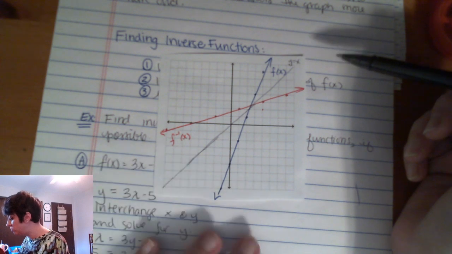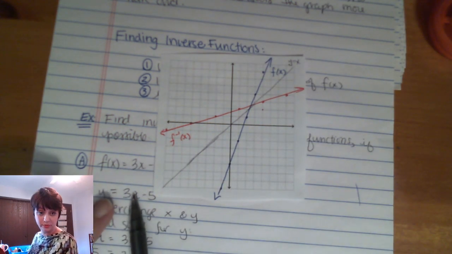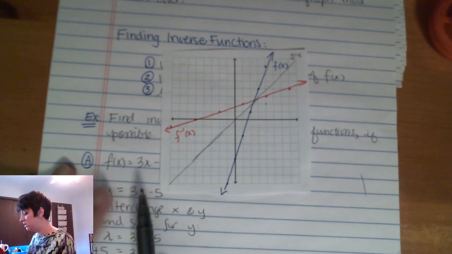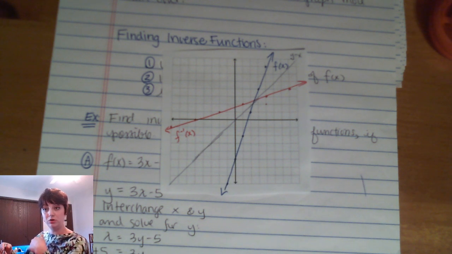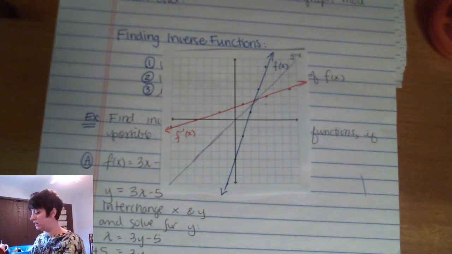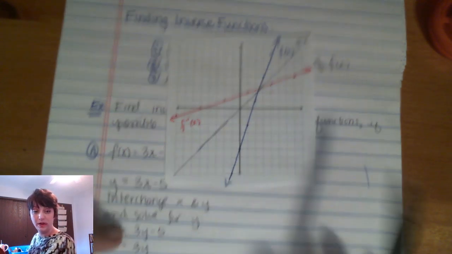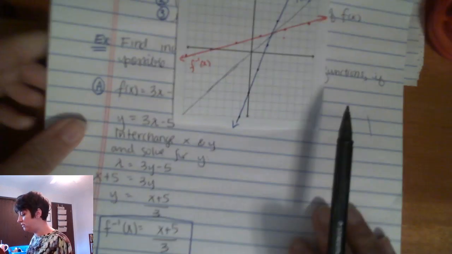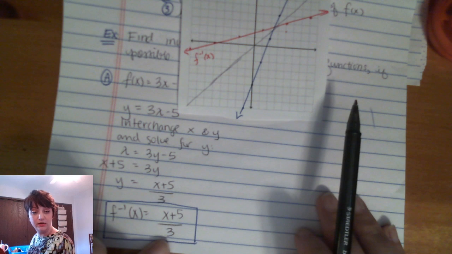So something to note, the slope of my original, remember slope is y over x, the slope was 3/1, so when I interchange x and y, I'm going to flip my slope. So instead of y over x, it'll be x over y. Instead of 3/1, it's 1/3. So instead of 3/1, which is up here, it's 1/3 down here.